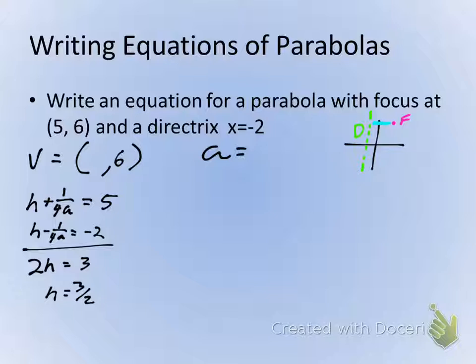So you know your vertex is (3/2, 6). Take that 3 halves, plug it back in, and solve for a. It doesn't matter which one. I chose the directrix one.